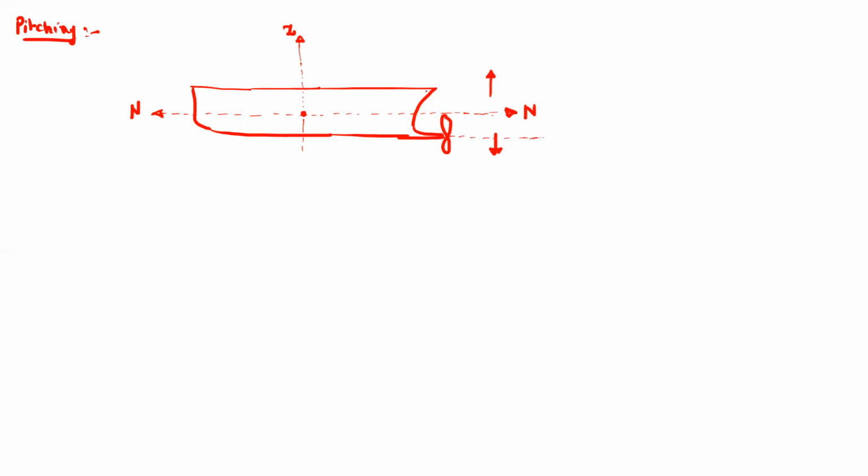This pitching motion will take place about this NN axis. Okay, so for the time being, we will assume this as a neutral axis or the stable axis. So about this axis, the ship will change the angle like this.